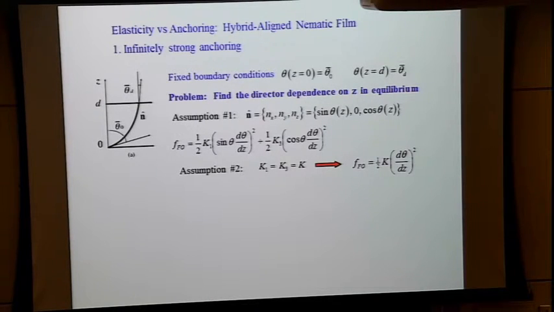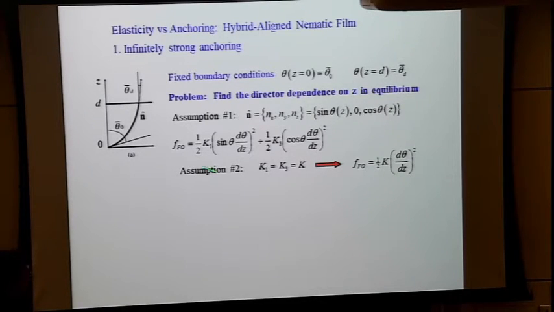It's very convenient to use cosines and sines, because if you look at this parameterization, nx is sine of some angle theta. This is theta, and its value in the bulk depends on z. There is no y component, and then there is a z component, which is cosine of theta. Why is this convenient? Because if I calculate n squared, cosine squared plus sine squared is always 1. So I'm happy about this restriction.